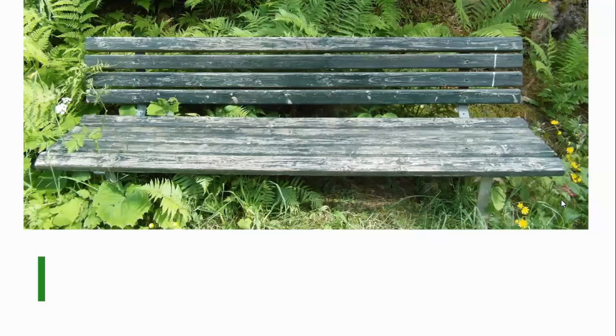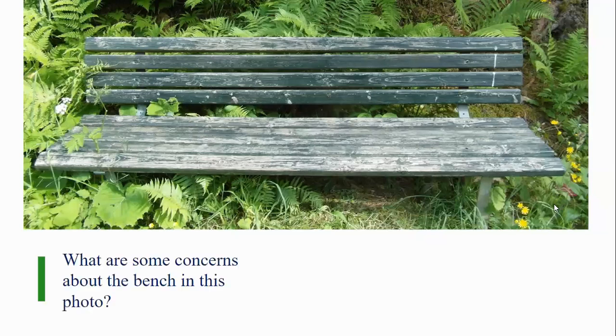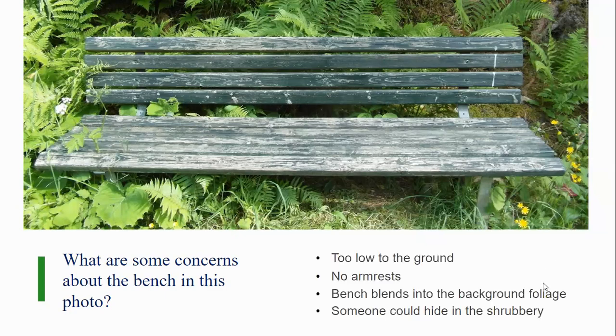So just another kind of quiz question. What are some of the concerns that you might have about this bench? Taking a look at that, maybe even from the perspective of an older adult, what are some concerns that you might have? It might be that it seems to be too low to the ground.